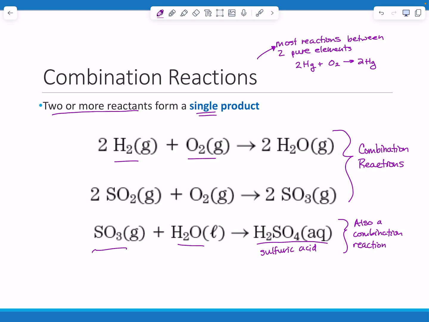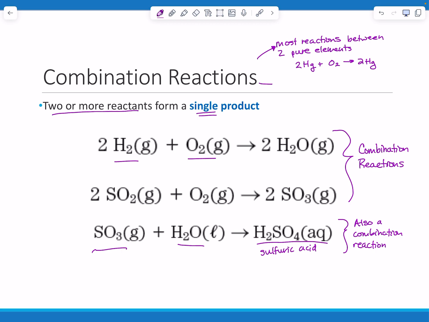The other thing is, if we look at the periodic table and we're thinking about reactivity of elements, the halogens, group 7, are so close to being noble gas electron configurations, and that makes them very reactive. So halogens are very reactive, and they tend to participate in combination reactions.